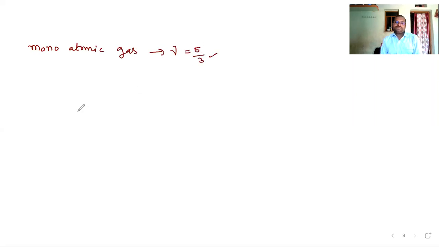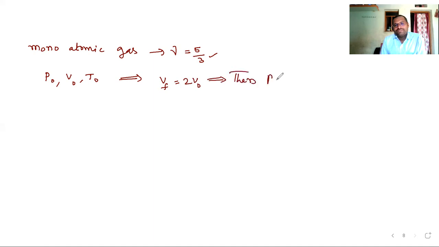Now, let us take initial pressure P0, initial volume V0, initial temperature T0. Now, if we increase the final volume to 2V0, then what is the pressure?